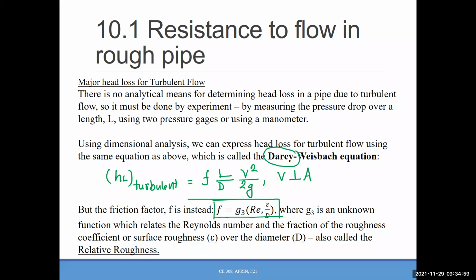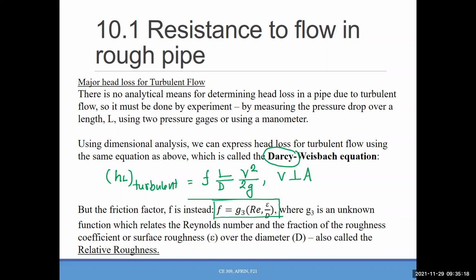And the Darcy equation, when you take soil mechanics next semester, you will see Henry Darcy did lots of things for soil mechanics. You'll see his equation for flow through soil, and his equation is everywhere.